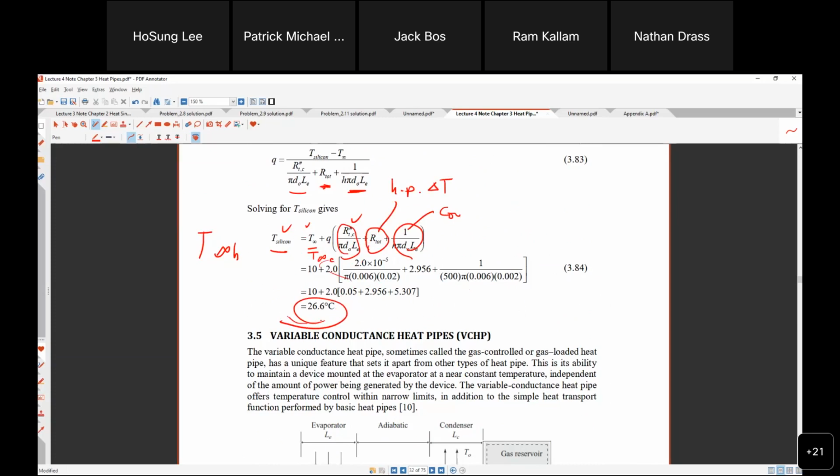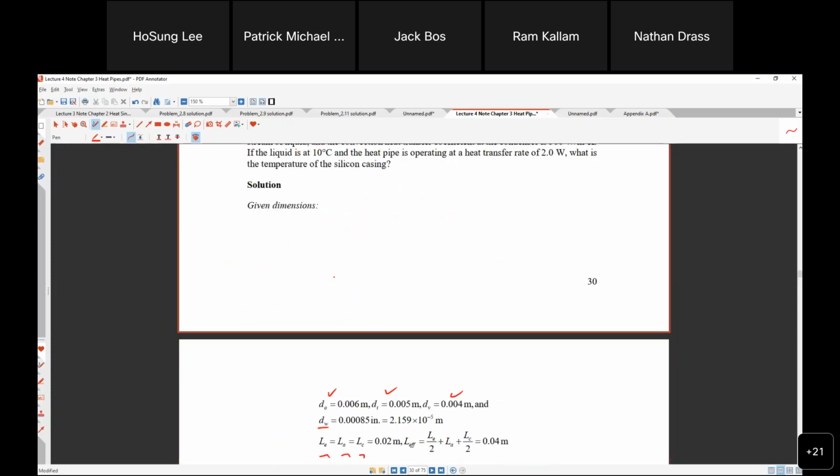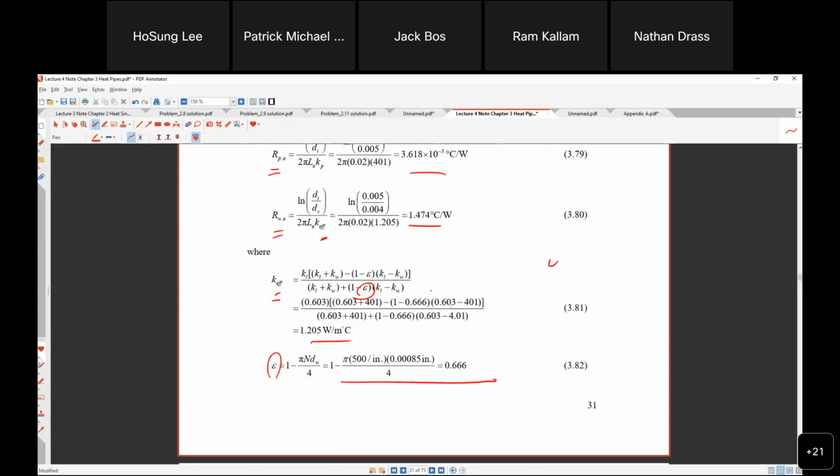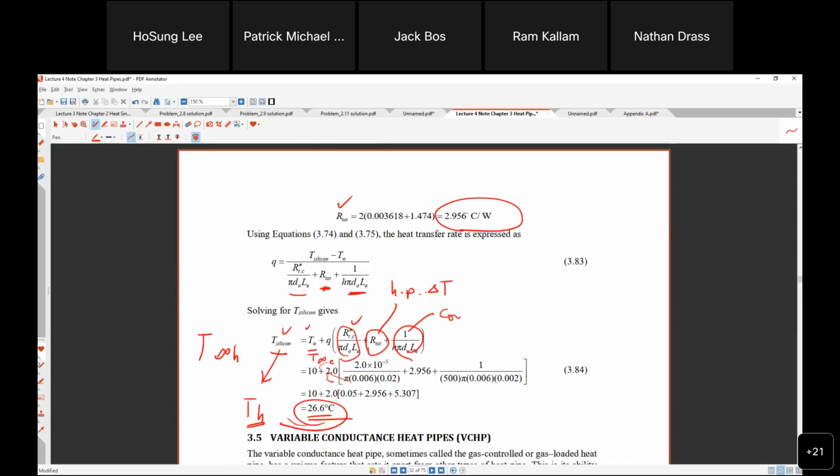This is T_H, actually, we call silicon, high casing temperature, 26. If we know the Q, Q was given, I think. Yes, heat transfer was given as 2 watts. So we use the heat transfer and calculate the temperature of the high surface or silicon temperature. Okay.